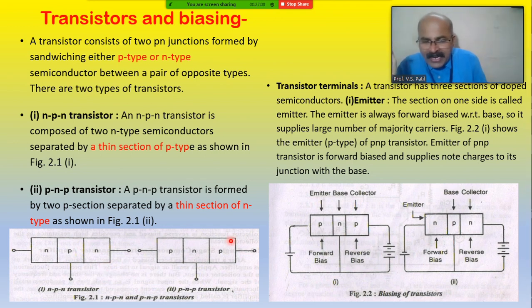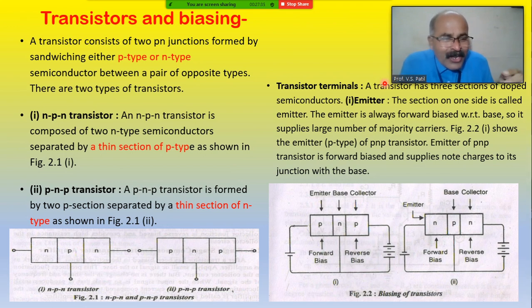Here also in a PNP transistor, N-type semiconductor material is placed between two P-type semiconductor materials. Then transistor terminals: we know that a transistor is a two-junction, three-terminal device. The transistor is a semiconductor device, a bipolar, bijunction device.